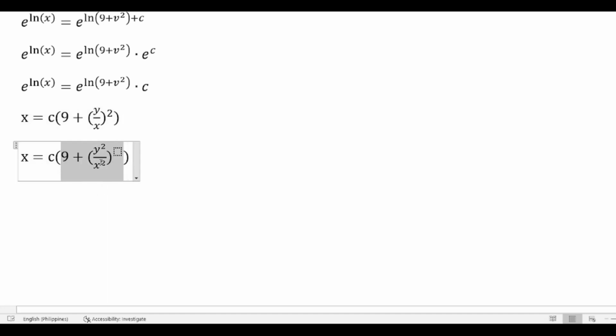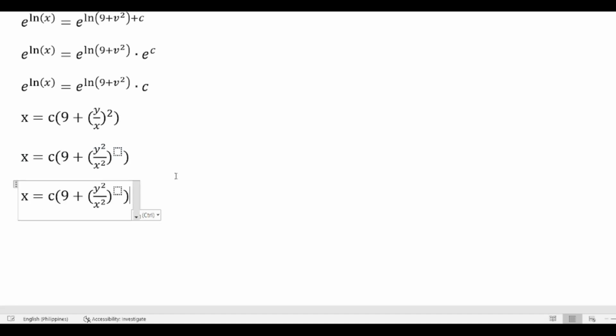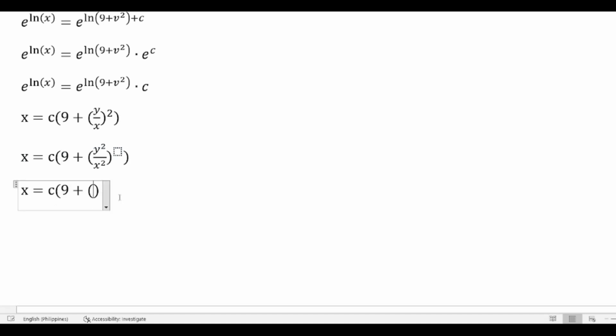9 plus this one, we can actually find the common denominator, which is x squared. Okay, so let's perform that. Let's just copy paste and rewrite it again. There. Okay, the fraction. Equation to fraction.